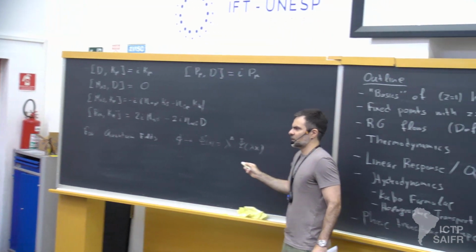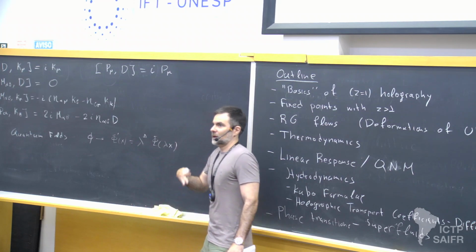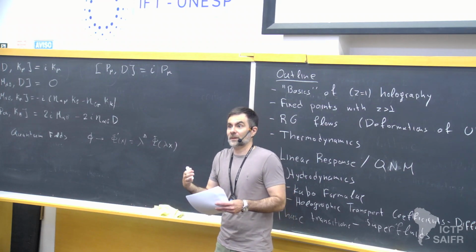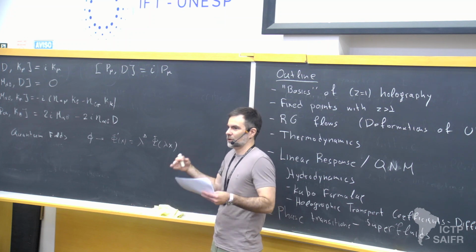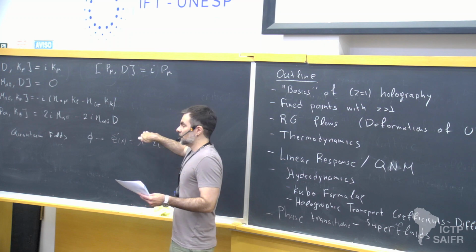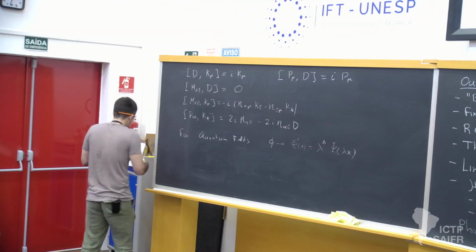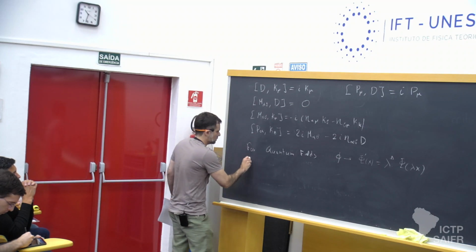If I was just transforming phi as a scalar, I wouldn't need this at all. But I'm telling you that I'm going to transform it in a way that will leave your theory invariant. And the way to do this is by introducing lambda to the power delta. And delta is called the conformal dimension.